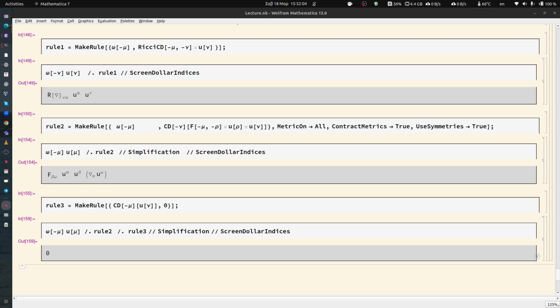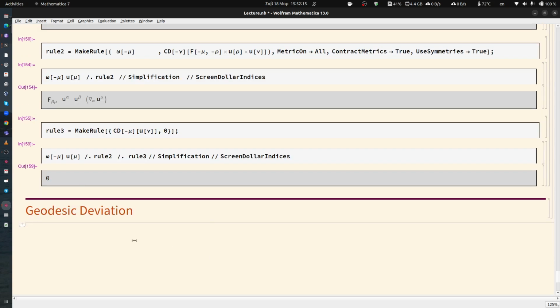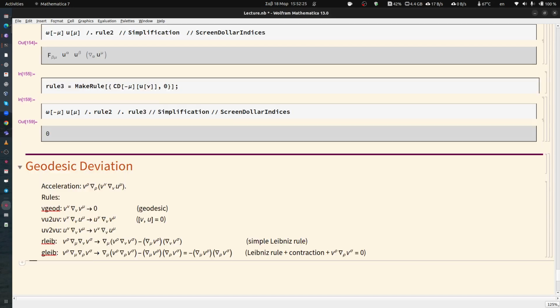Okay, so now let's use MakeRule to do a more realistic computation. Let's compute the equation of geodesic deviation. So let me remind you a few things. First of all, we have this congruence of geodesics.